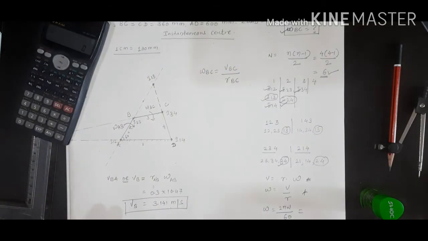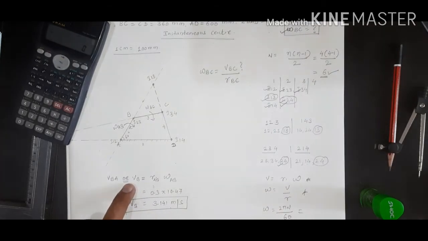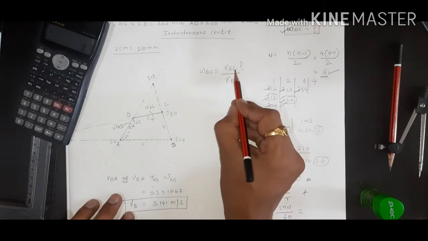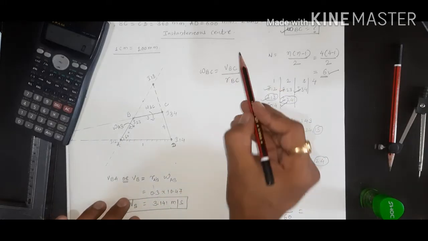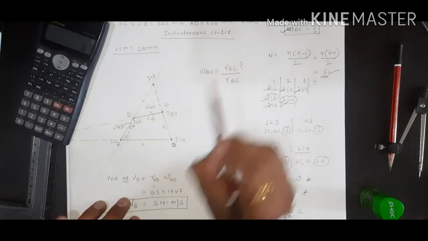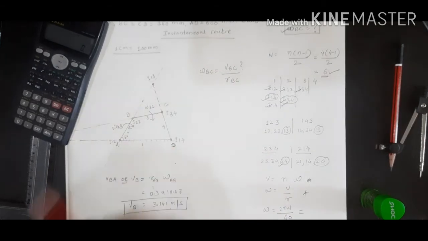This is simple, but in this case we don't know RBC. The linear velocity of link BC, the relative velocity of link BC, we don't know. So we can't calculate it, because in this equation there will be 2 unknowns.